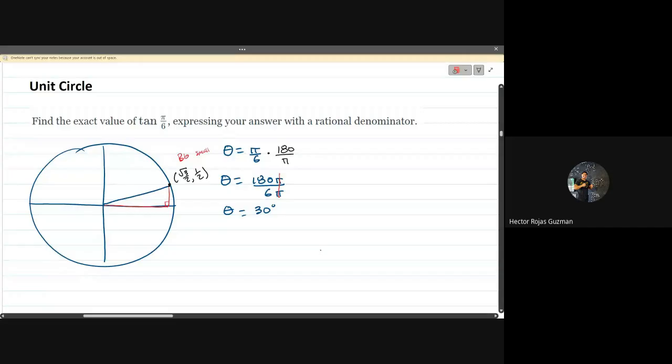So then what is tangent of pi over 6? Well, let's figure that out. Tangent of pi over 6 is given by the y coordinate divided by the x coordinate. And this means that tangent of pi over 6 is going to be 1/2 divided by the square root of 3 over 2.